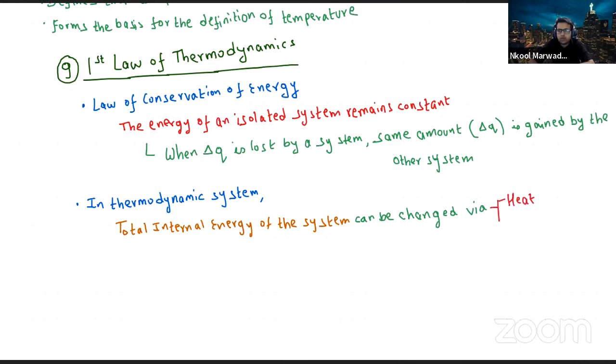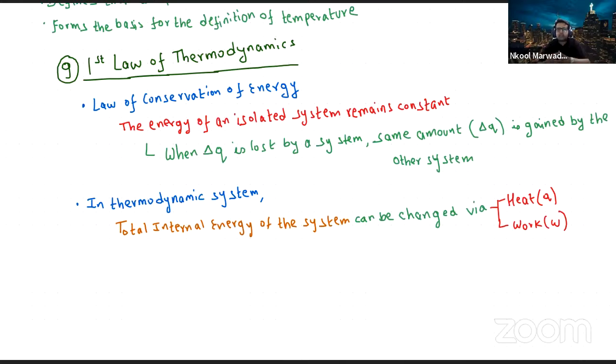I can supply heat, then internal energy will increase. And if I extract heat from the system, internal energy will decrease. Similarly, if the system does work, internal energy will change, and if work is done on the system, then also internal energy changes. It's very important because ultimately, the first law of thermodynamics is talking about conservation of energy.